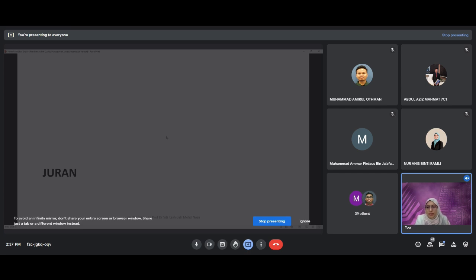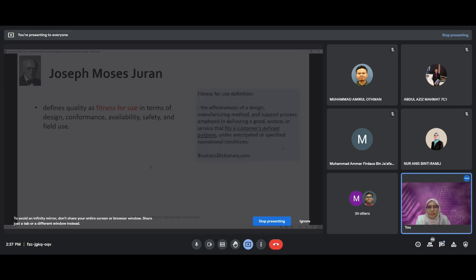Okay, the next quality guru is Juran. Joseph Juran defines quality as fitness for use in terms of design, conformance, availability, safety, and field use. Fitness for use is defined as the effectiveness of a design, manufacturing method, support process, delivering goods, system or services that fit the customer-defined purpose.